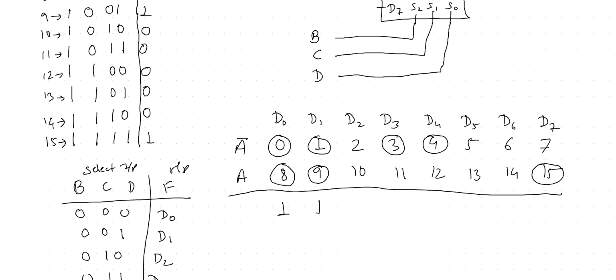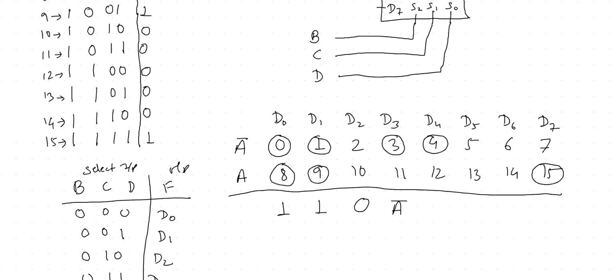For D2, both are not circled. If A and A bar both are not circled, it will be 0. In case of D3, only A bar is circled and A position is not circled. So here the value will be A bar.